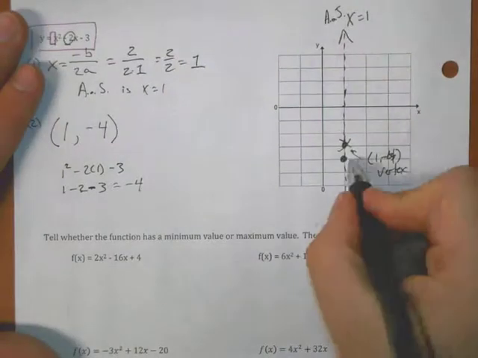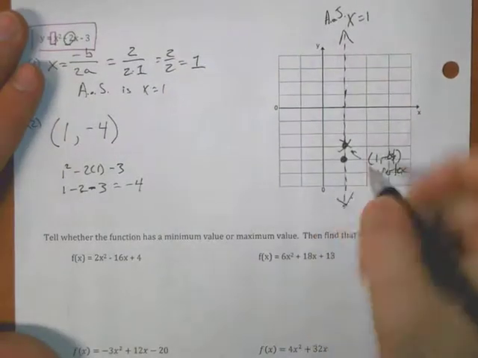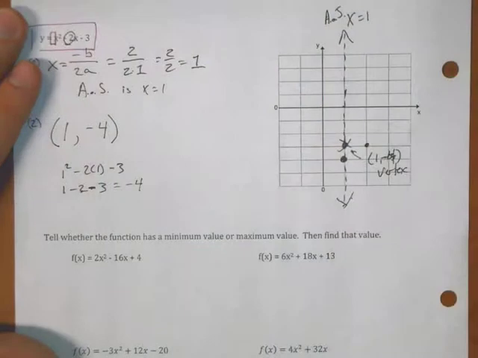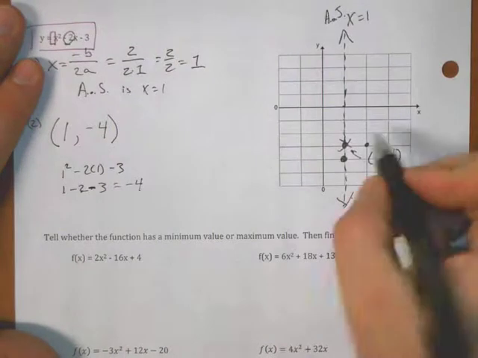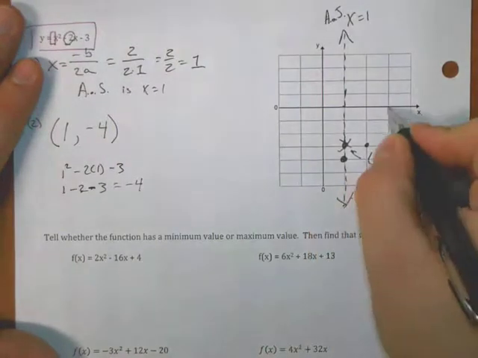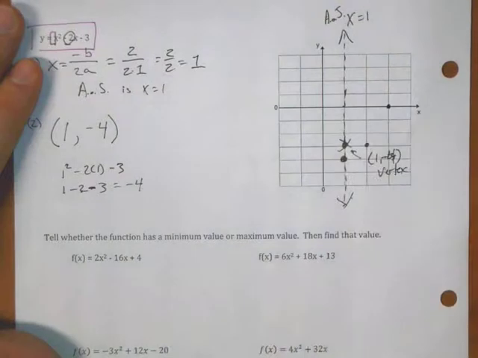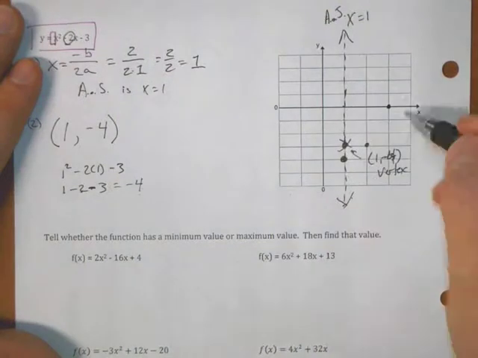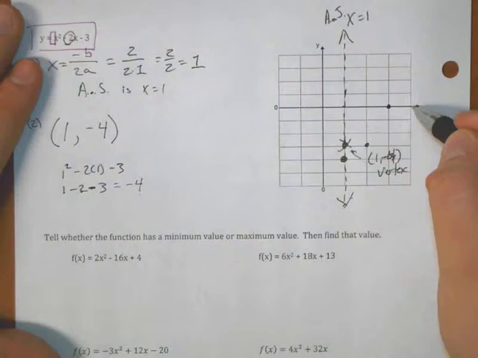So my parent function, again, when I go over 1 from the vertex, I go up 1. When I go over the second time from the vertex, I'm going to go up 3.